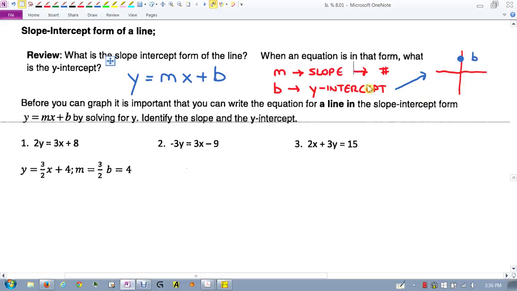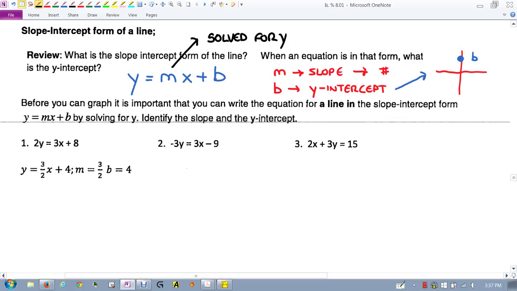Every line can be written in this form. What's great about it is that if someone writes it like this, you can automatically just look at it and know what the slope is and know what this point is. And if you know those two, it's very easy to graph them. So before we get to graphing, we need to make sure that we know how to get it into this form. So what is it that makes slope-intercept form unique? It's solved for y. Do you agree?